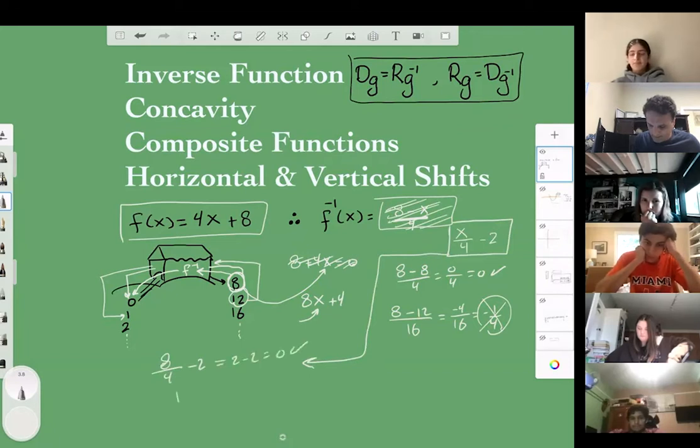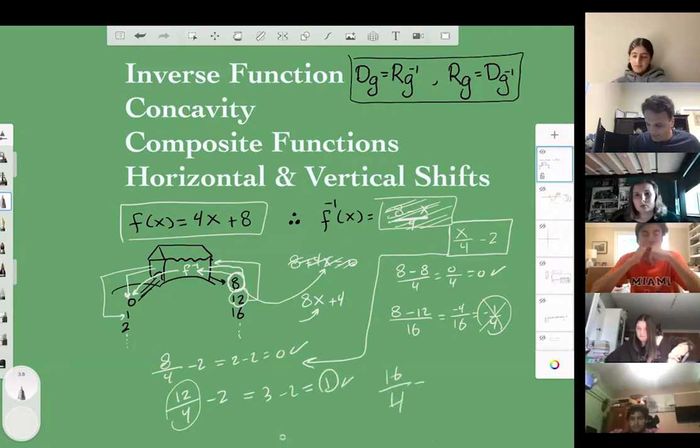That works. 12 over 4 minus 2: 12 over 4 is 3, minus 2 equals 1. That works, very good. Hopefully the last one doesn't work. We have 16 over 4 minus 2, equal to 4 minus 2. So yeah, this looks like it's working.